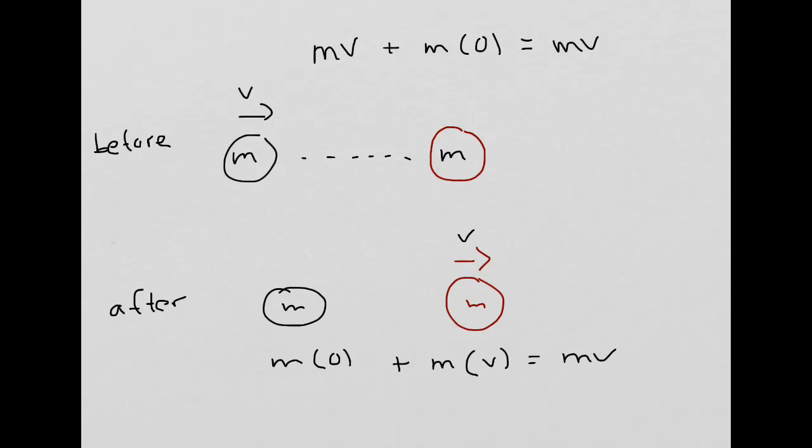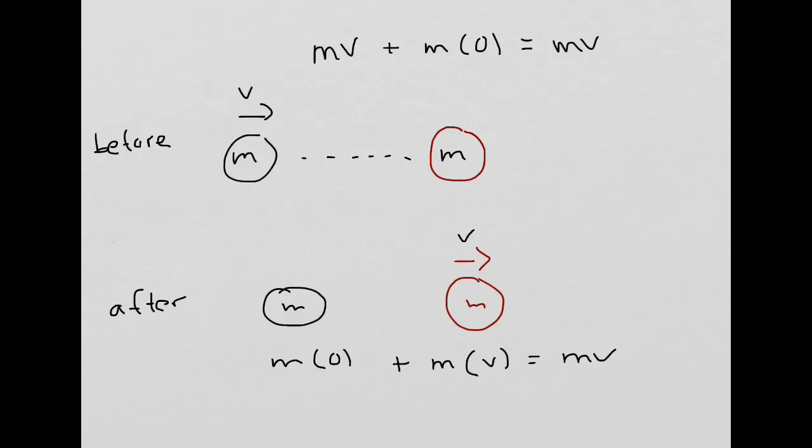So we see that momentum is transferred from the black ball to the red ball. In an elastic collision, which is defined as a collision where neither of the objects are permanently deformed and heat is not generated, meaning that no energy is lost to the surroundings, the momentum before will equal the momentum after.